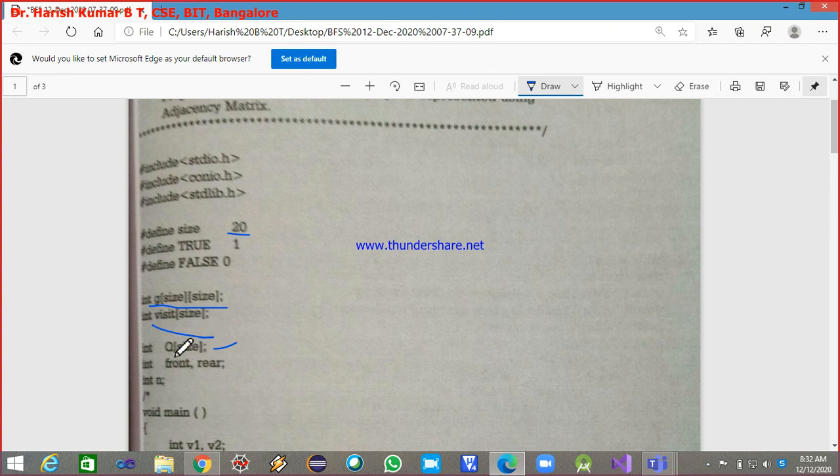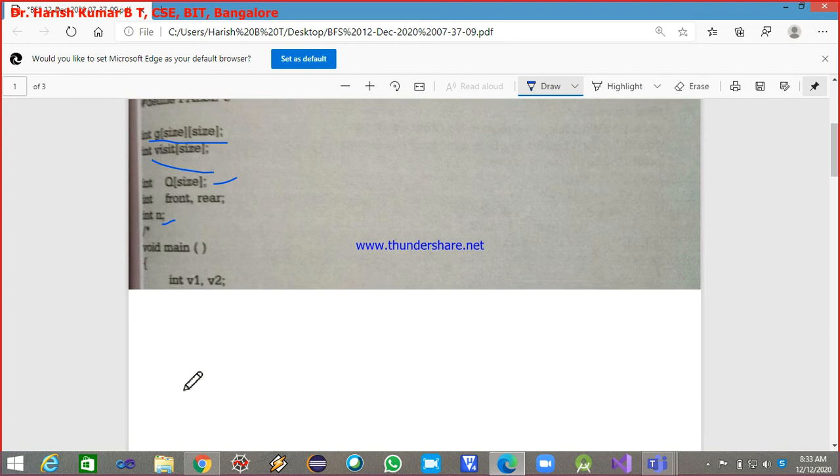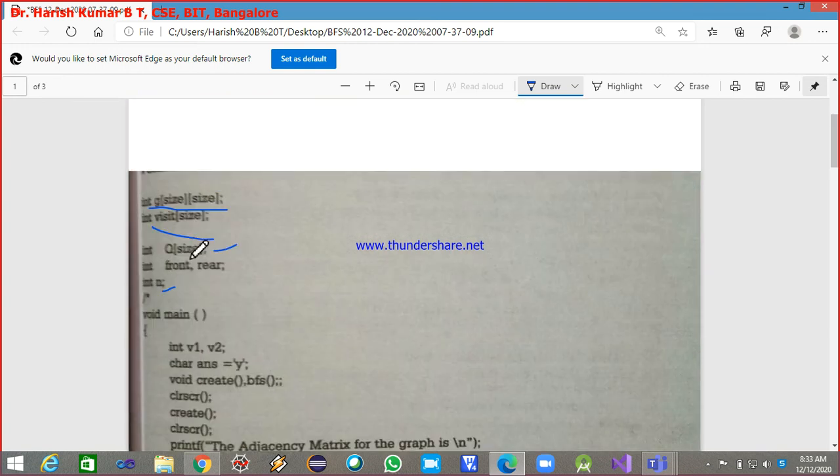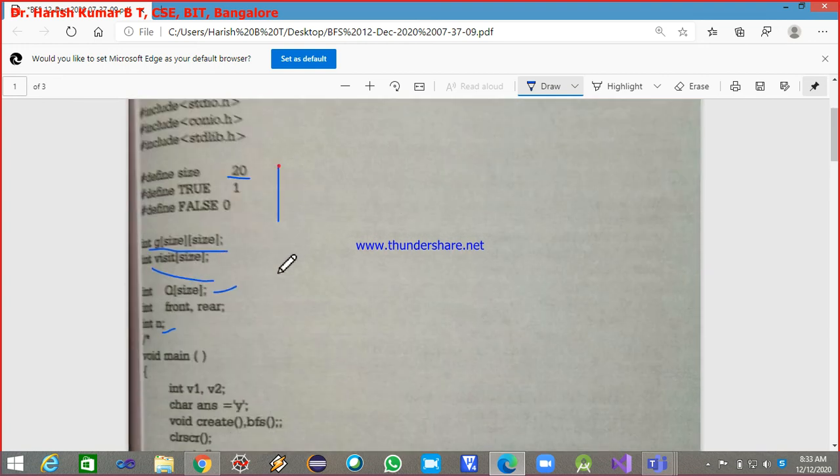We have the queue, front and rear pointers for the queue, and n to read the number of nodes. The maximum is 20, but within this 20 you can choose your own number of nodes. I hope this declaration part is clear to all of you.